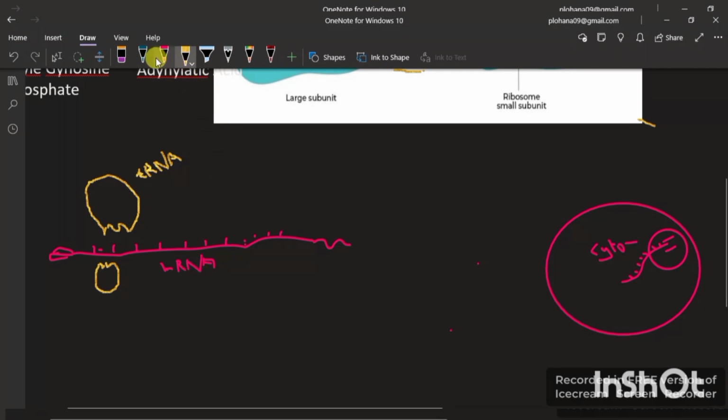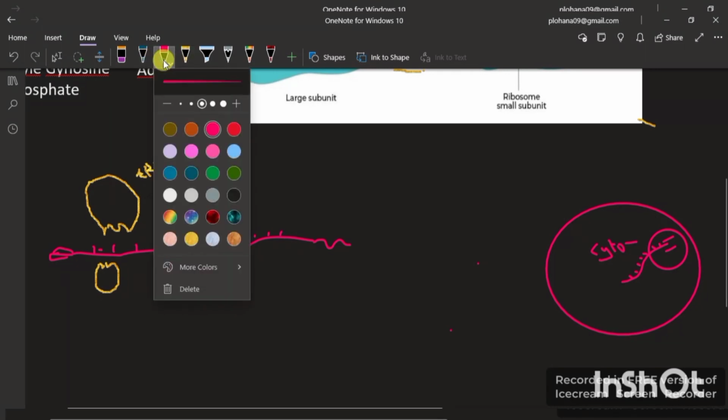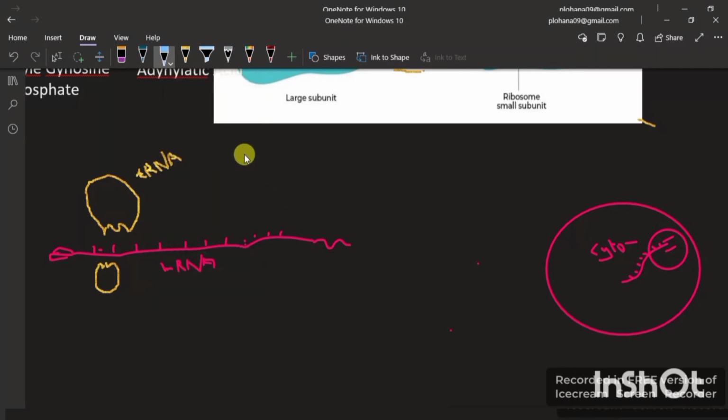Now we have to make tRNA. I'm going to make tRNA here, which is curved, folded like this. So this is basically tRNA, which is the transfer RNA, which is doing the work of transportation. Now it has a codon.